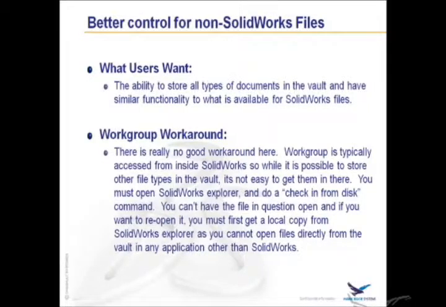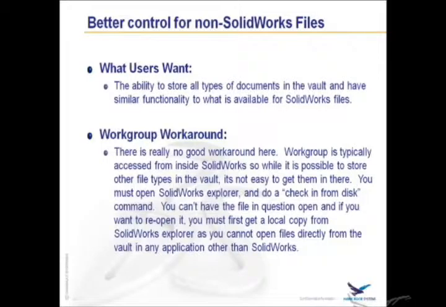Now, you can do this in Workgroup. Workgroup will accept any file type that you want to put in it. The problem is putting it into the vault and pulling it out of the vault is very tedious. You have to start SOLIDWORKS Explorer. You have to do what they call a check-in from disk, which means that the file can't be open in a program.